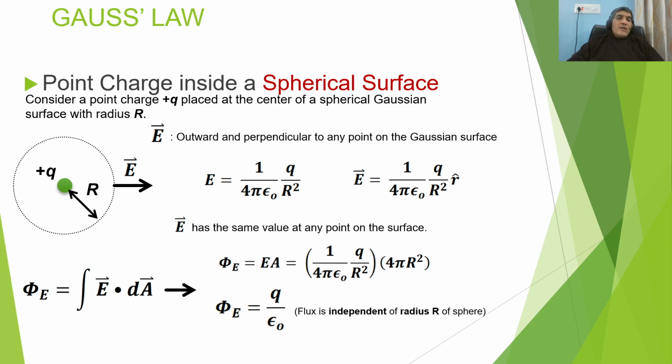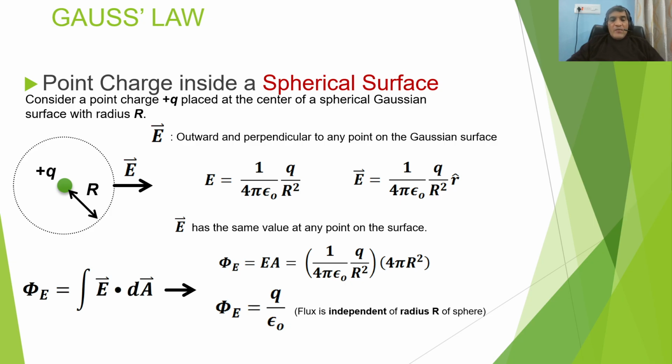So consider a point charge plus Q placed at the center of a spherical Gaussian surface, which is drawn to calculate the electric field. So E is outward and perpendicular to any point on the Gaussian surface. The answer comes out in the form of E equal to Q enclosed upon epsilon naught, with the term 4 pi r square, which is the area of that sphere.